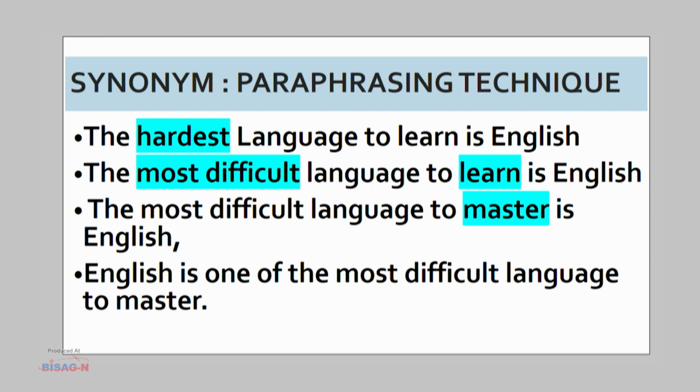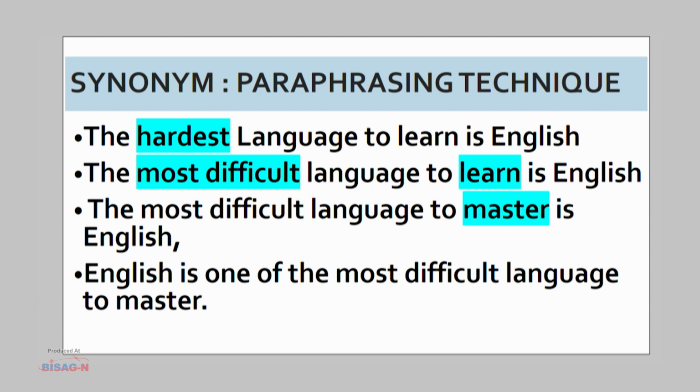You will say the most difficult language to learn is English. Hardest is changed to most difficult, and obviously learn is there. So hardest has got a synonym which is most difficult. Now we have replaced the word hardest with most difficult, but still we want some more changes. So in the third sentence, I have again changed the meaning.